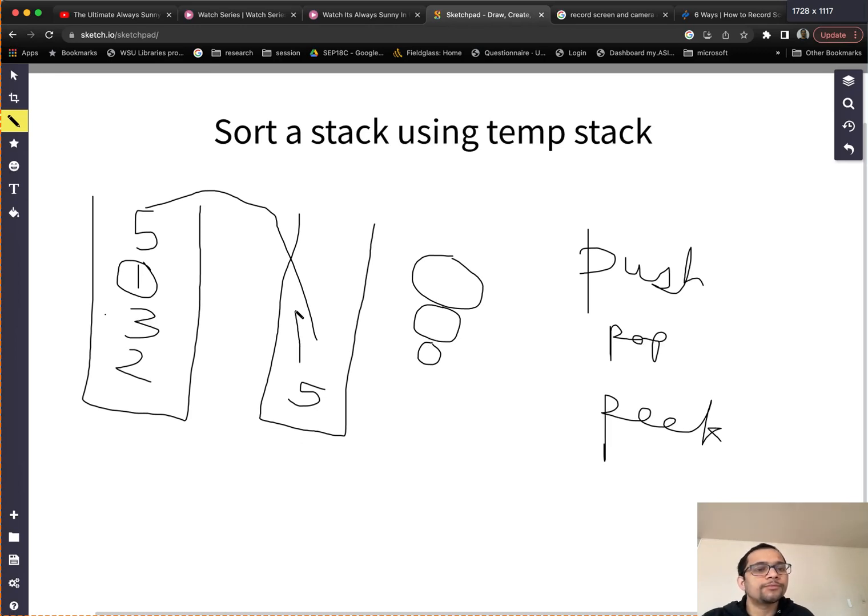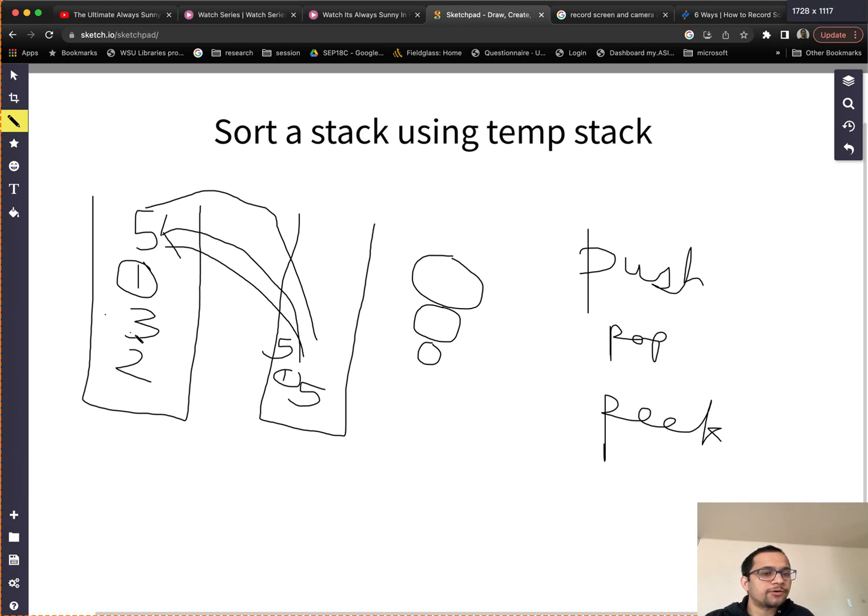What we do is pop this and put it back on the input stack and put 1 here. Then the element that we recently put back in the input stack, we put back again. So we put 5 back again. This is how we ensure that it's in decreasing order.